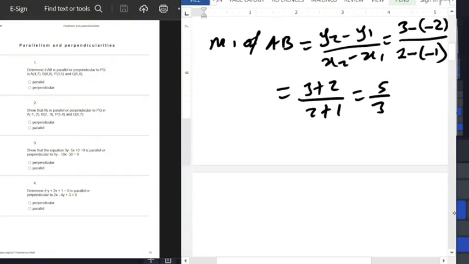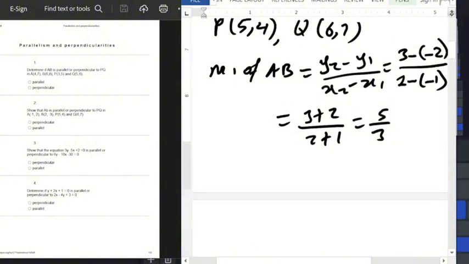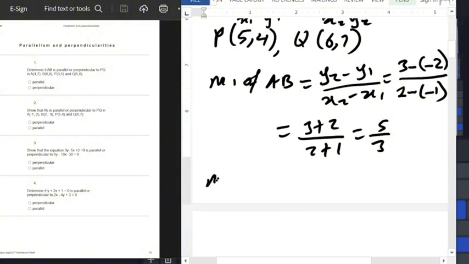Then the gradient of line PQ, so M2 of PQ equals Y2 minus Y1 all over X2 minus X1.